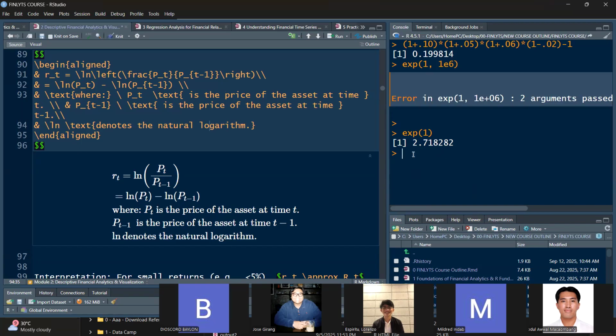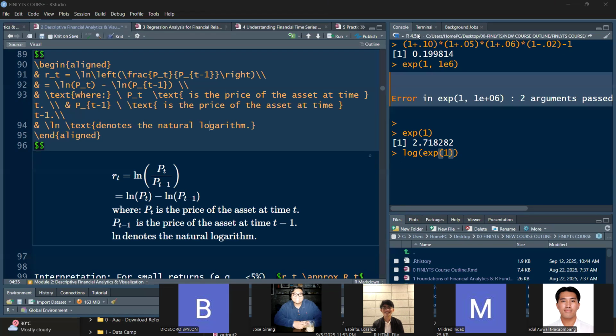But when you use log in R, for example, log of e, class, what is the log of e? Answer, please. Log of e is? Okay, correct. Why is that so, class? Why is it equal to 1?